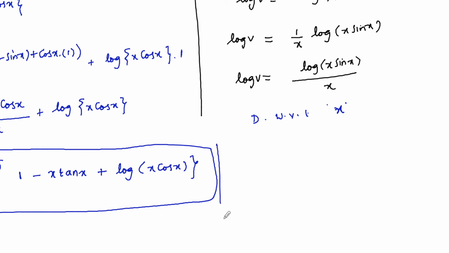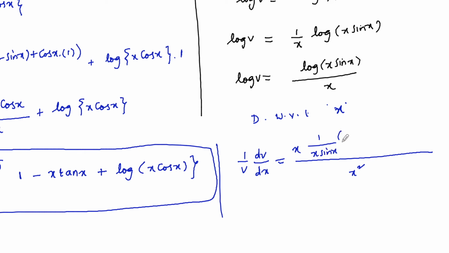So we have, for log v, differentiation 1 upon v dv by dx is equal to, upon x square, x into d by dx of log of x sin x, that is 1 upon x sin x into, again, differentiation of x sin x, which can be written x into differentiation of sin x, which is cos x, plus sin x into differentiation of x, which is 1.